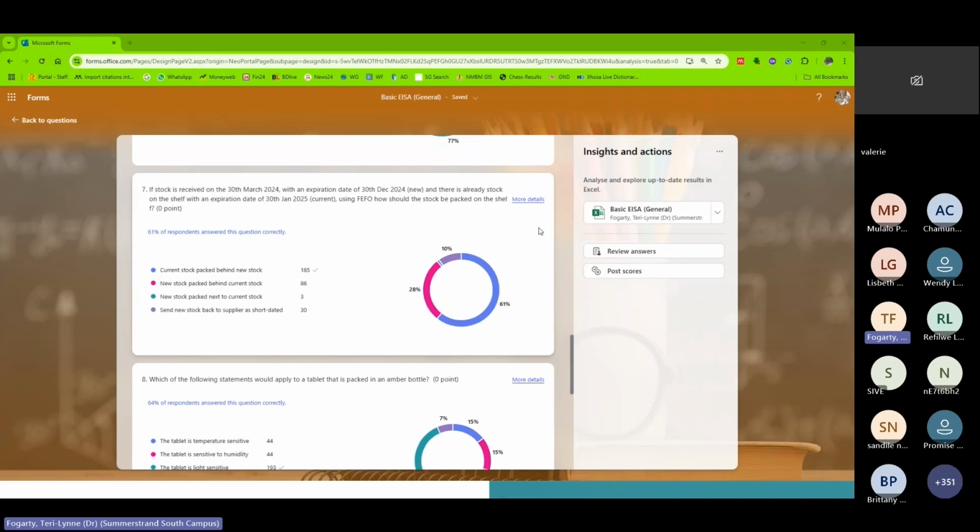And so if you look at the options, that current stock that has got the 30th of Jan date needs to be packed behind the new stock because it has a later expiry date. So the new stock is going to expire first. It must be in front. And the stock that was already on your shelf is going to expire later. So it must go behind the stock that you've just received.